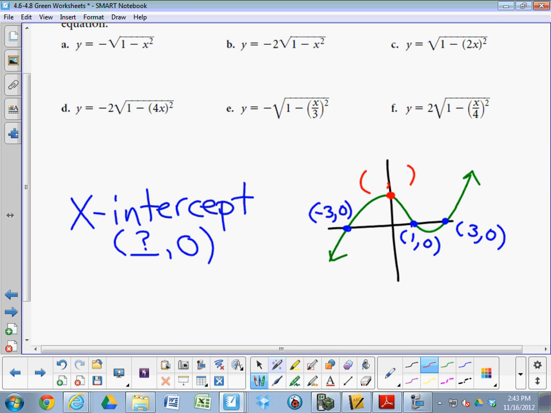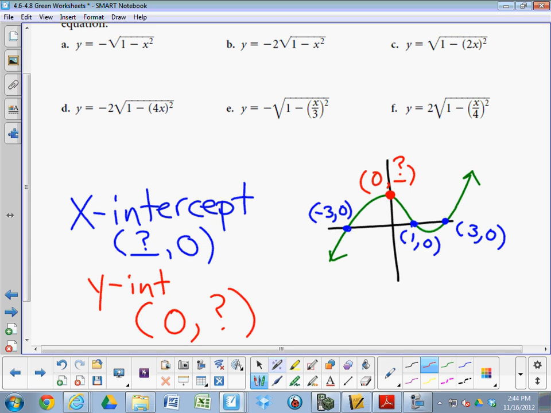What's true about all y-intercepts, though, if there is one? If it crosses the y-axis, what's x? 0. They're all 0, comma something, and that's a y-intercept. So I suggest in number 3 that you go through A through F and you find the y-intercepts first, because they're easier.